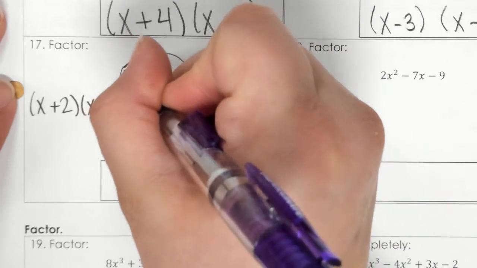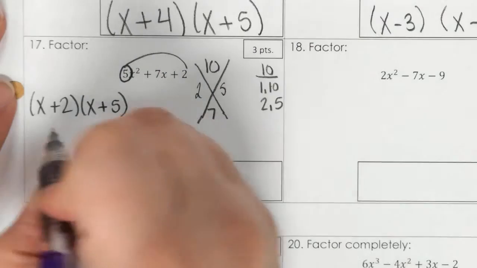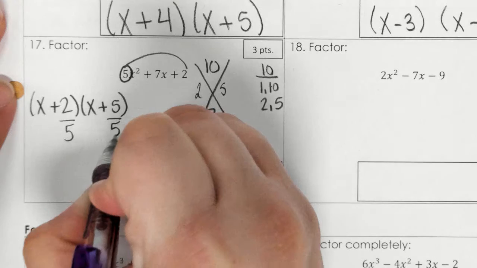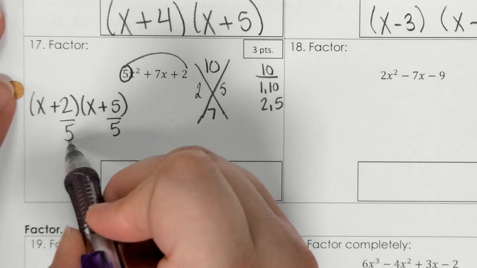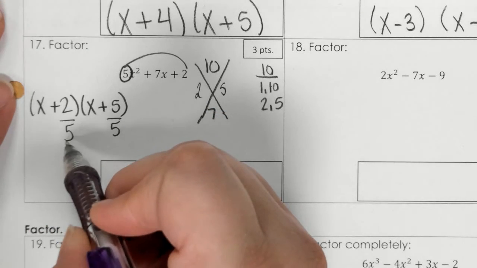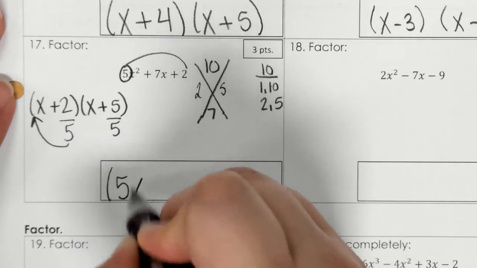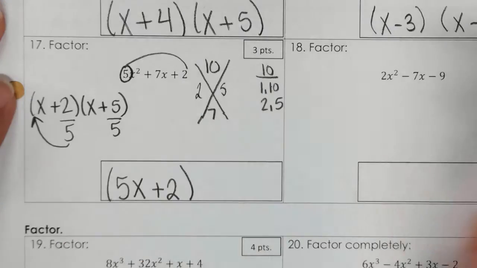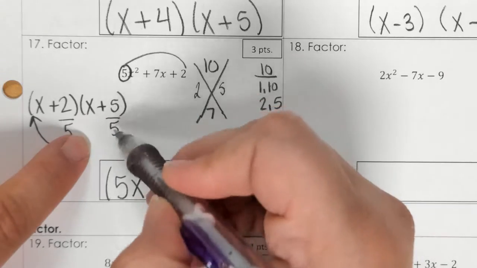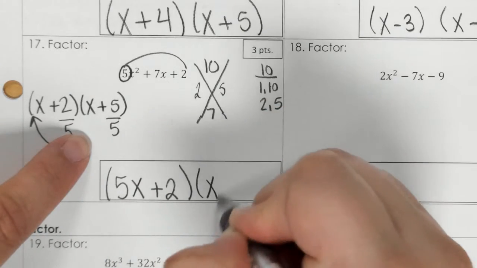But we have to divide by that first number when we do bottoms up. So, can this divide evenly? No, and it cannot reduce, so I bring the bottom up. And so I say 5x plus 2. Here, I can divide and make 1.